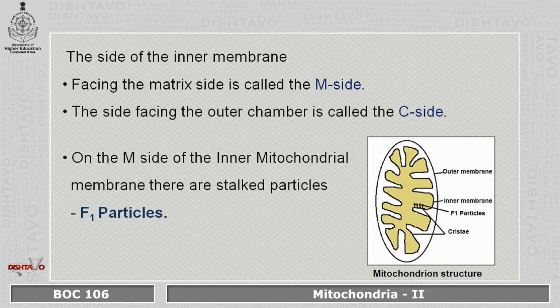On the M side of the inner mitochondrial membrane, there are some stacked particles known as F1 particles. In the diagram, you can see the F1 particles on the inner side, or M side, of the inner membrane.